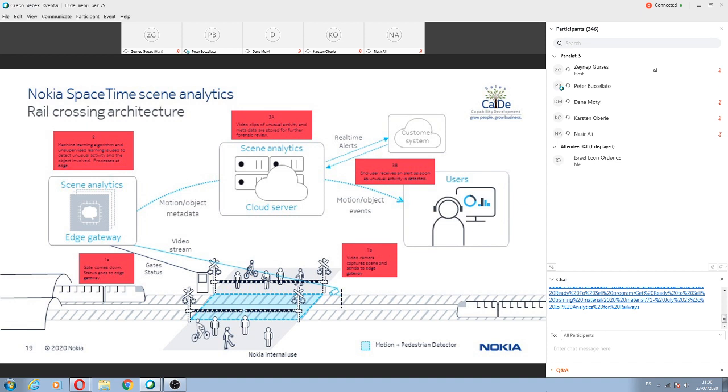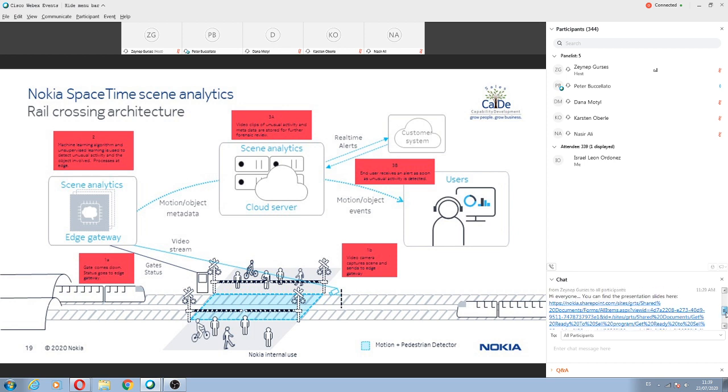That will be sent to the Scene Analytics server, which will then allow you to expose this data. Number one, you'll be able to see it within the Scene Analytics UI from an operations perspective. So we'll show all the events that come in and the details of those events. And then we can also expose all that data to another upstream system via the API set that we have within the Scene Analytics server.